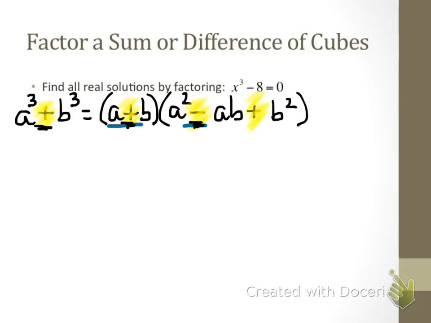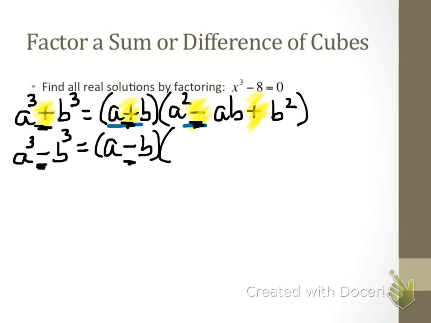So if I turn this around, a cubed minus b cubed, sorry guys, not sure if you're seeing the screen shrink or not, but if we're taking a cubed minus b cubed, then my first factor is going to be a minus the b, because again we want to match.